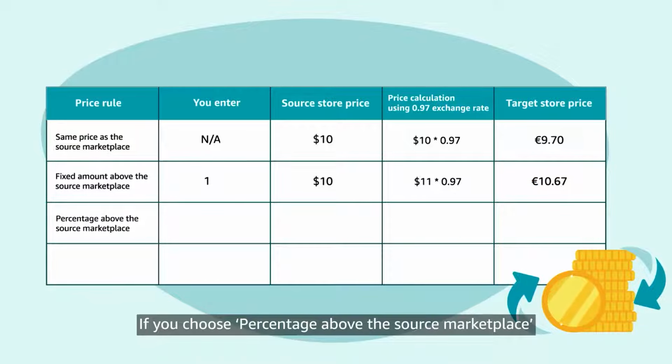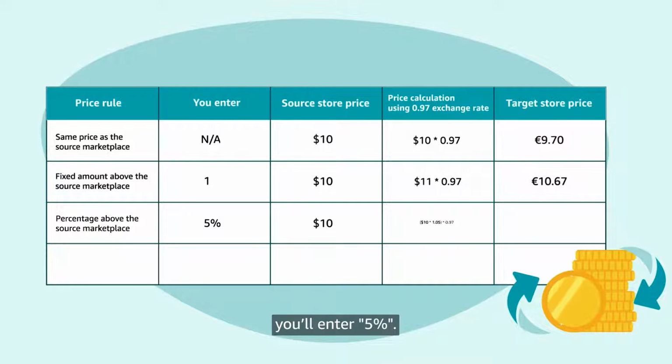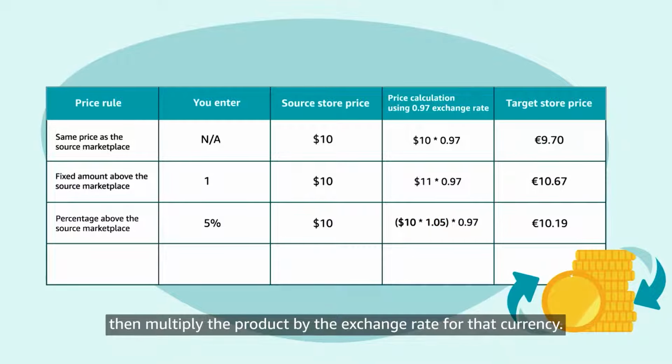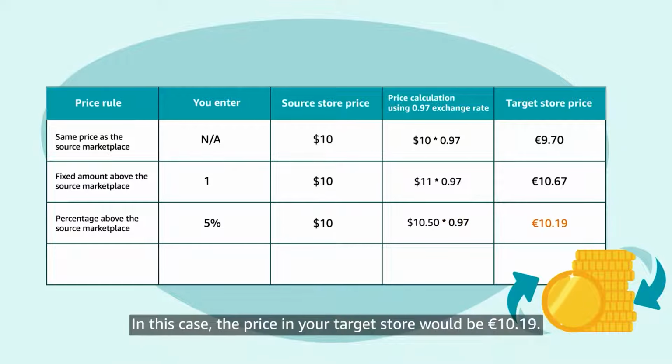If you choose percentage above the source marketplace and want to price at 5% more than the source store, you'll enter 5%. We'll multiply your product's price in the source store by $1.05, then multiply the product by the exchange rate for that currency. In this case, the price in your Target store would be €10.19.